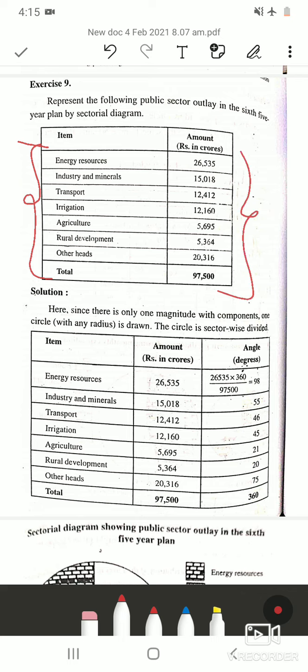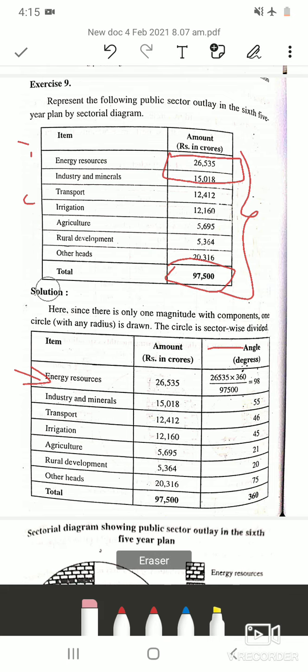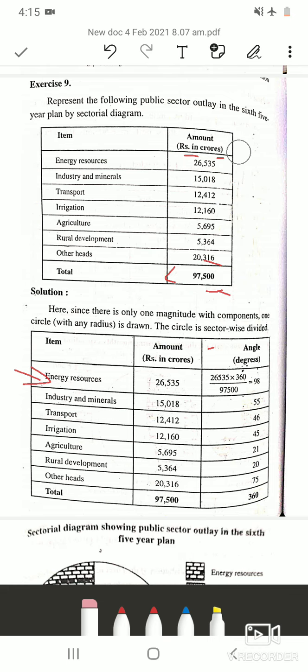What we have to do is convert it into angles, which is the given quantity into 360 divided by the total, which will be your first angle in terms of degrees. Similarly, find the angle in degrees for all. Then to get the radius, take the square root of this and divide it by the unit that you require.